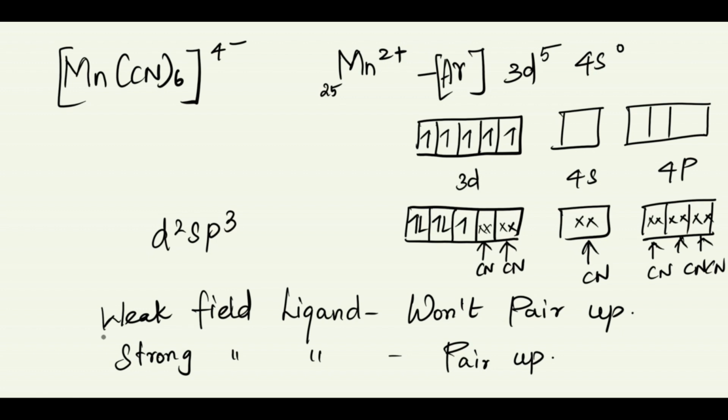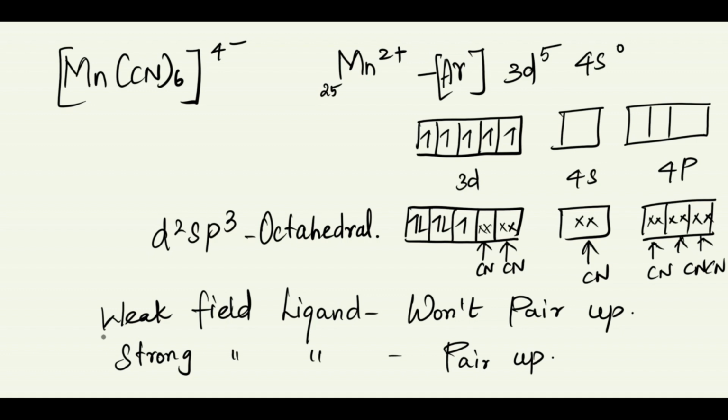Okay. So total 6 CN. d2sp3. What would be the shape? For d2sp3, it is octahedral. More precisely, that becomes inner octahedral. Because if d2 comes first, then that is inner octahedral. If d2 goes next, then that becomes outer octahedral.